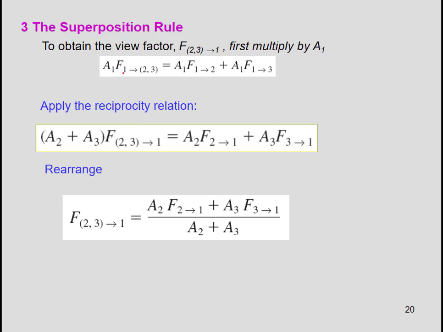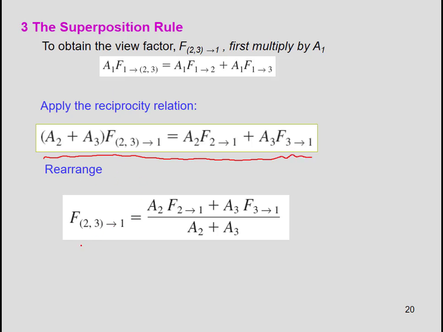So by multiplying two sides of that superposition rule by A1, which is the surface area of surface 1, and applying the reciprocity relation, we can find this equation, as you can see here.